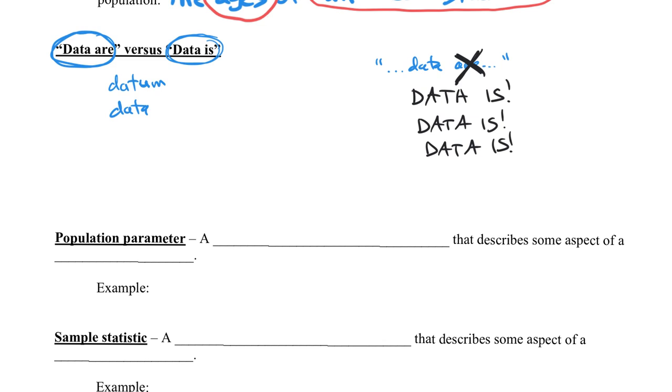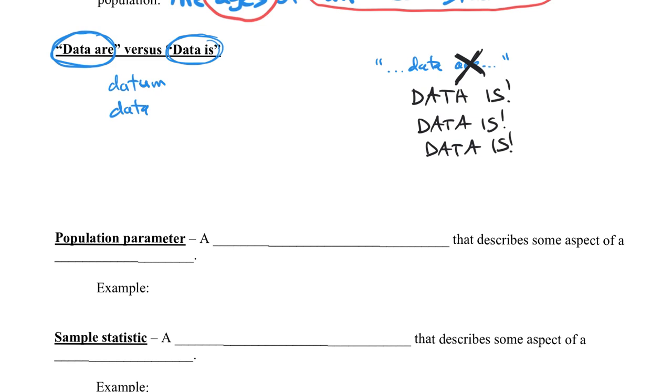Usually in a technical area, people will want to be more consistent. So they will want to use data are because data is plural. It would sound better if there was an S on the end, datas are, but there's just not the word. So oftentimes in technical areas, people are more concerned with consistency. So they're going to think, well, data is plural, so I'm going to say data are. In everyday talk, sometimes because it sounds a little awkward without the S, you'll hear data is.